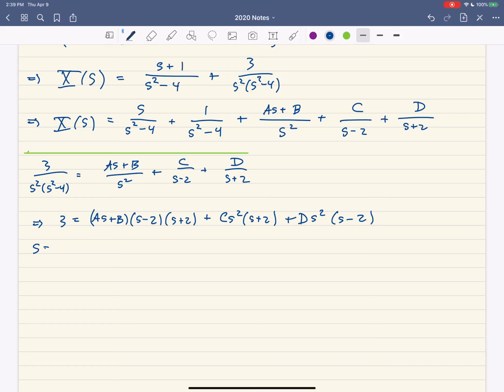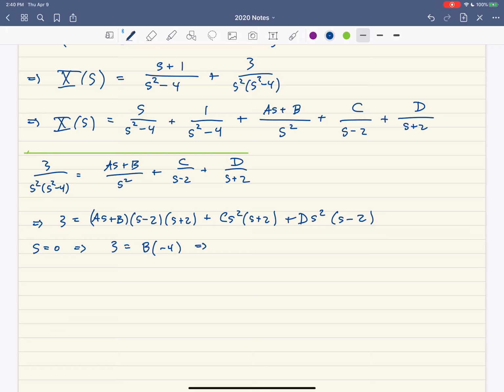So if we plug in, say, s equals 0, our left side is a constant 3. No matter what s value we plug in, our left side will be 3. But on the right side, if we plug in s equals 0, it gives us b times negative 2 times 2, which is negative 4b, plus 0.